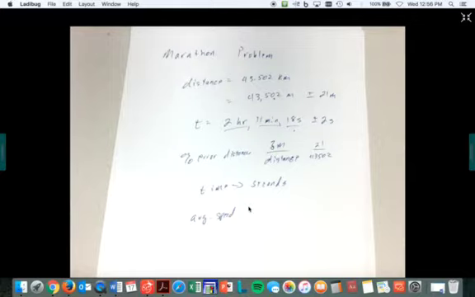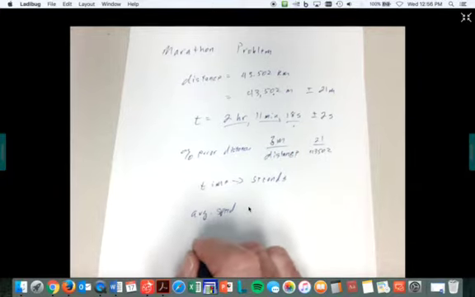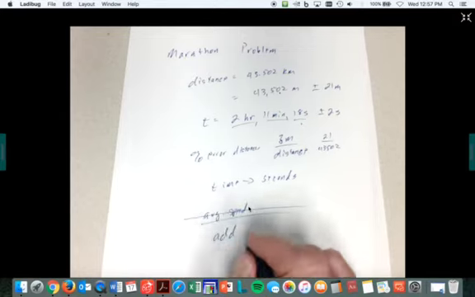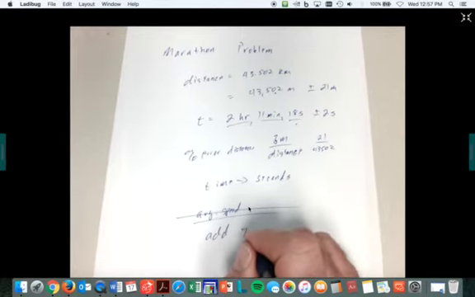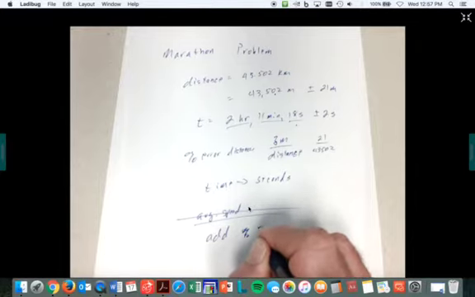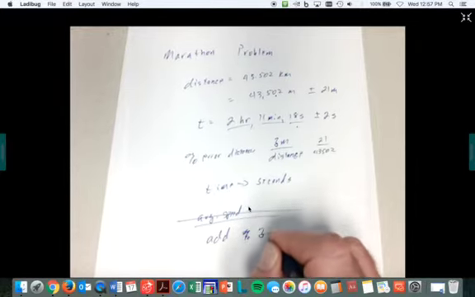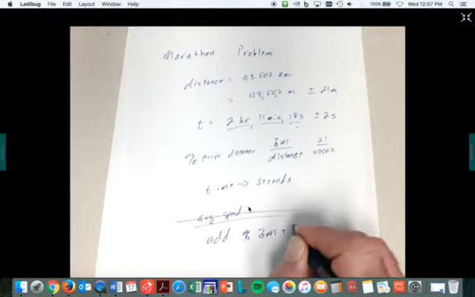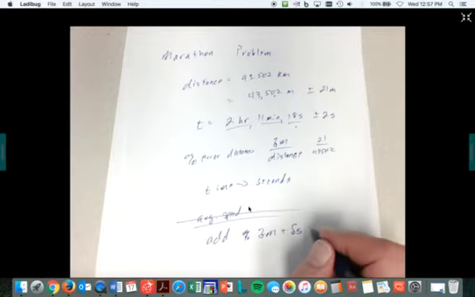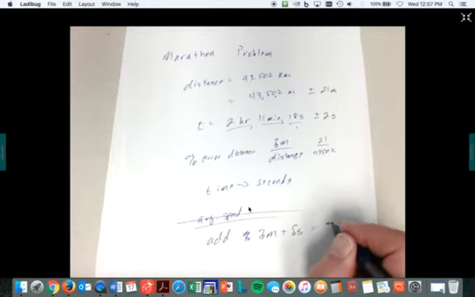And then finding your error is what gets tricky. You have to add the percent error, the delta for the distance in meters, plus the delta for the seconds, and that'll give you a percent error.